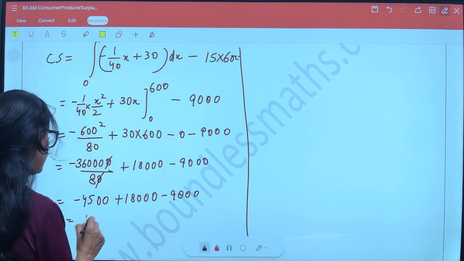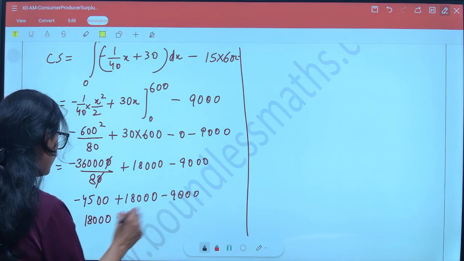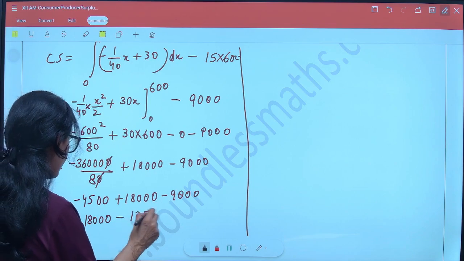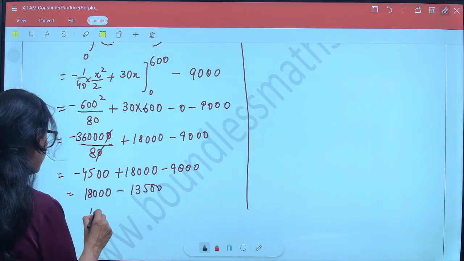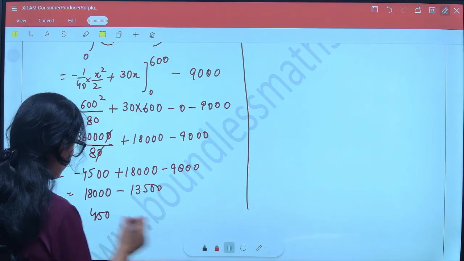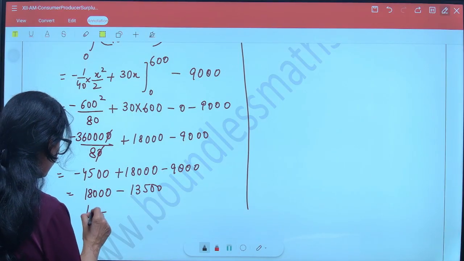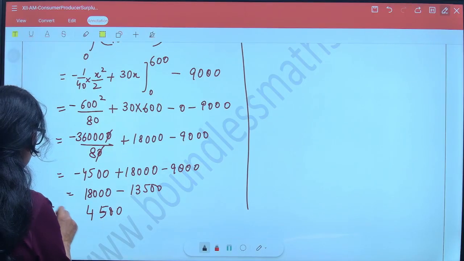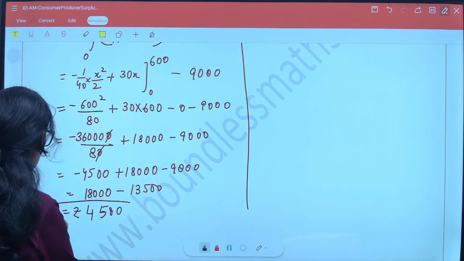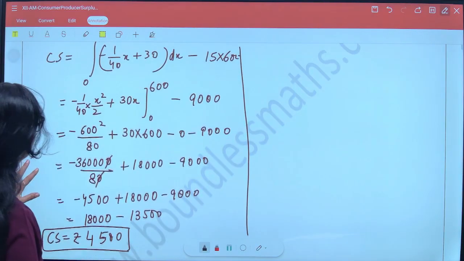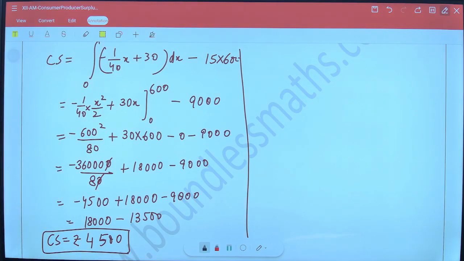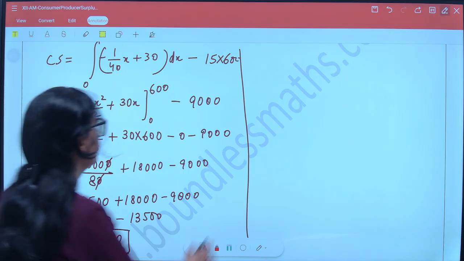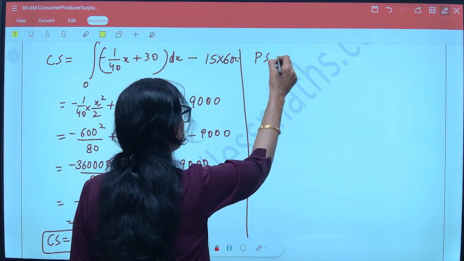So this becomes 18,000 minus 13,500, that becomes 4,500. So this is the consumer surplus, 4,500 rupees. Understood? Wonderful. So let's now find the producer surplus.